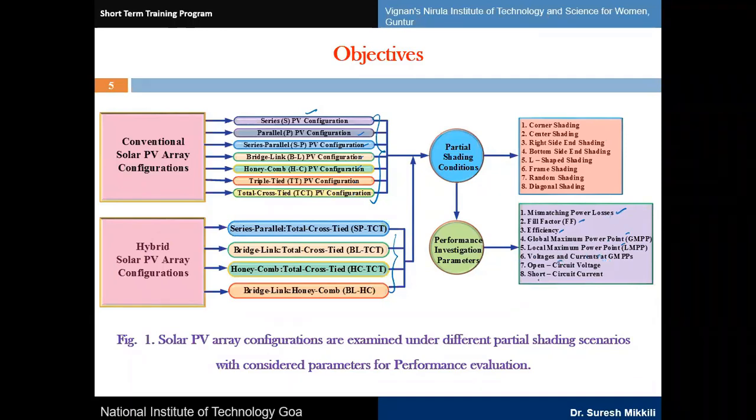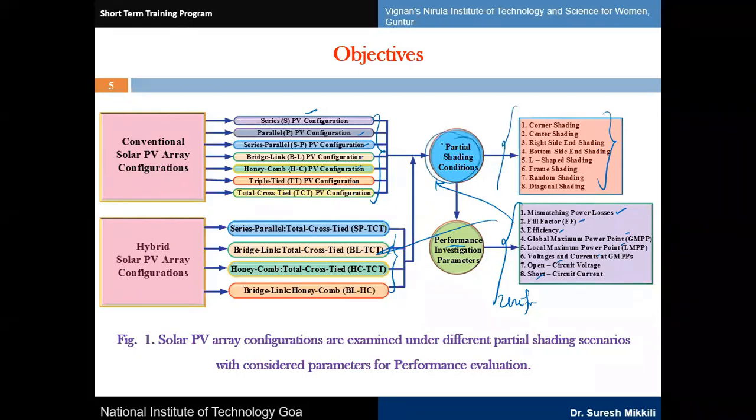What are the open circuit voltage and short circuit current? For every configuration, we need to calculate all these parameters, and we can see how the performance improves from one configuration to another. We'll see this under uniform conditions and under different shading conditions also.